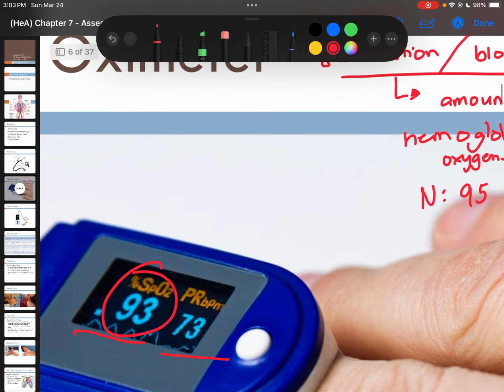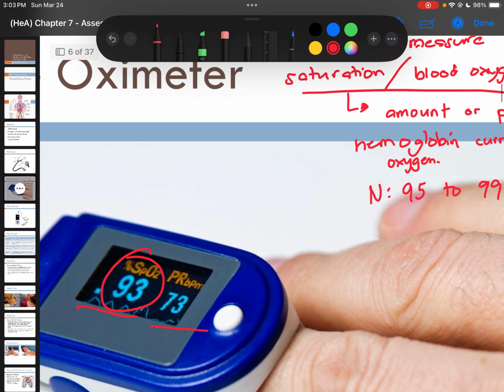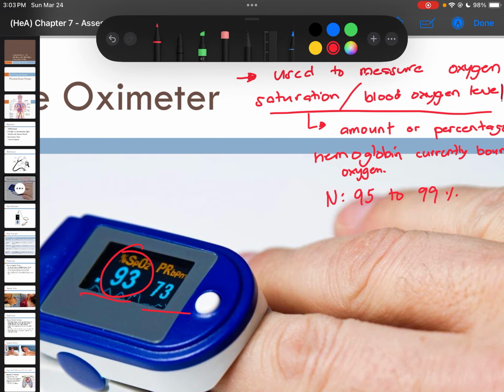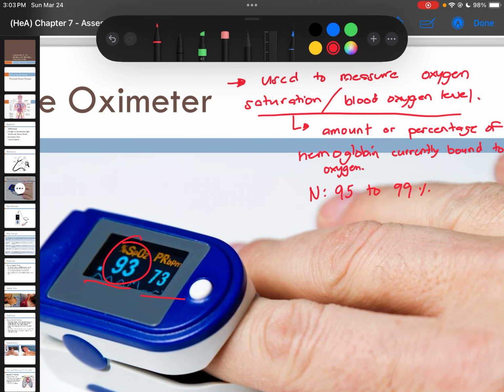SpO2 is what we call blood oxygen saturation, or saturation of oxygen. Here it is 92. As you can see, it is less than 95.